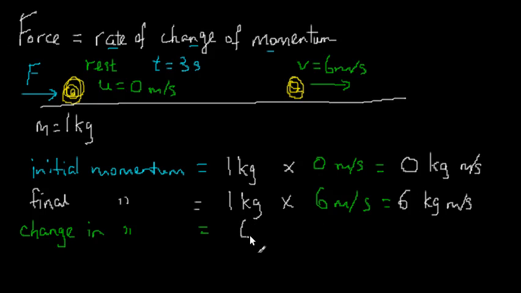So I would take 6 minus 0, and my answer is 6 kilogram meter per second. So that is the change in momentum. Fairly straightforward. Find the initial momentum, find the final momentum, subtract. Now, I've found the momentum, I've found the change. So let's now find the rate.